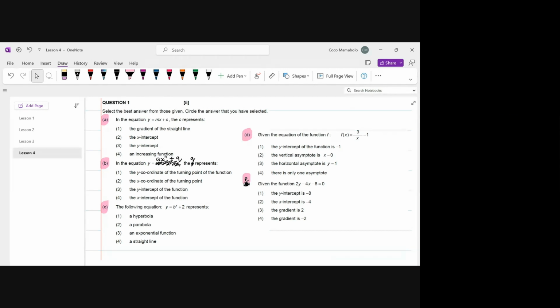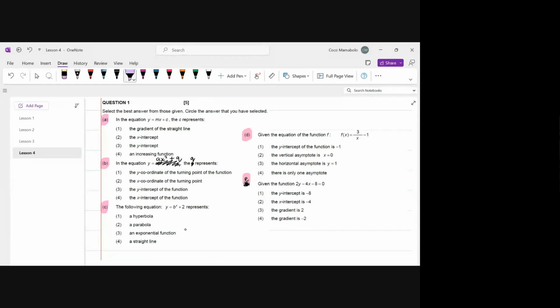All right, my darling. Okay, let's start with the first question. I'm going to change colors here, otherwise we're going to end up coloring the same thing. And if anybody wants to unmute and give me the answers, I'm so happy for you guys to do that. All right, the first question says, in the equation y is equal to mx plus c, the c represents the what? What does it represent?